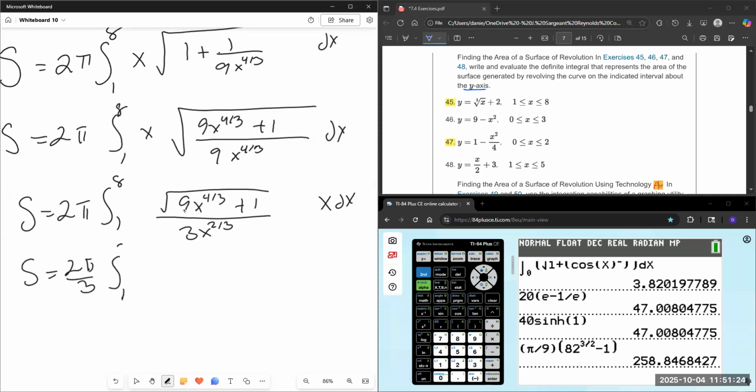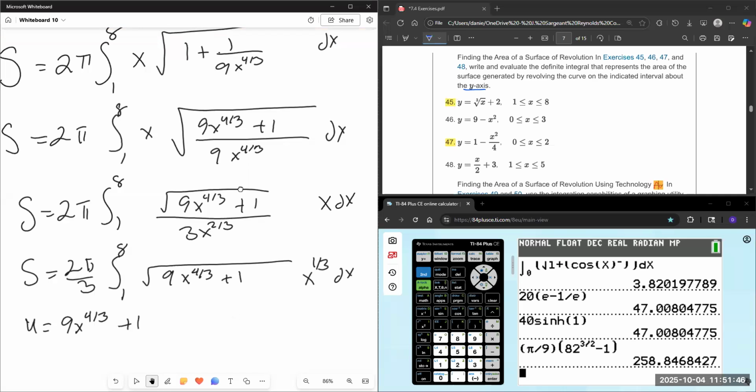X divided by x to the 2/3 is x to the 1/3 dx, over the root of 9x to the 4/3 plus 1. So u is equal to 9x to the 4/3 plus 1.